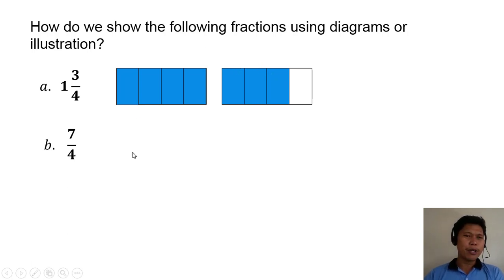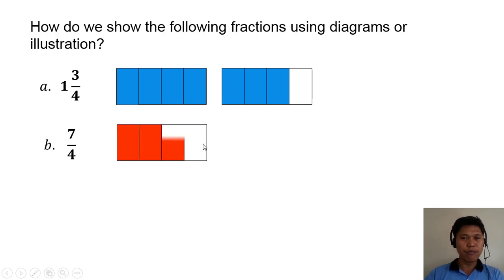Okay? So how about 7/4? So we have to consider the denominator again. Ang isang buo or ang 1 whole ay divided into 4 parts. So if this 1 whole, we divide it into 4 parts and 7 shaded parts. So paano yan? So kung assuming we are going to divide it into 4, 1, 2, 3, 4, meron pa tayong kulang kasi kailangan 7 parts ang shaded.